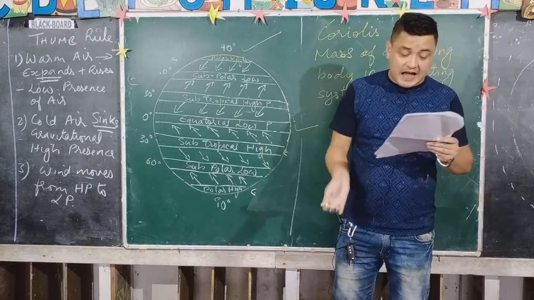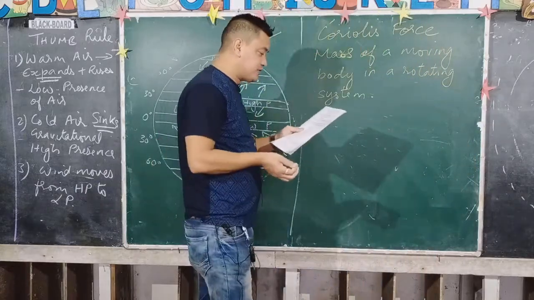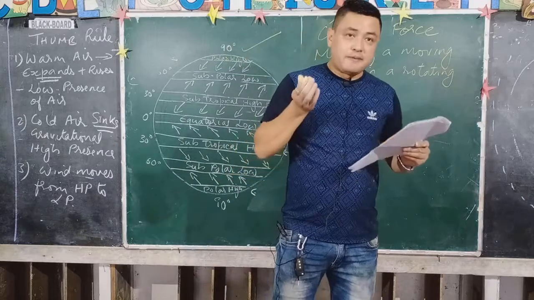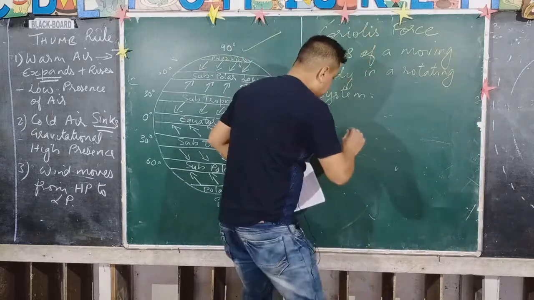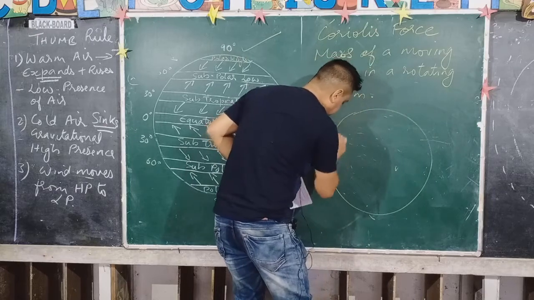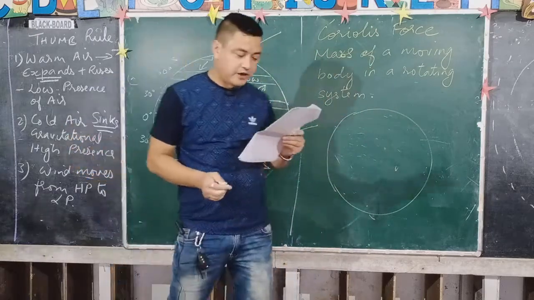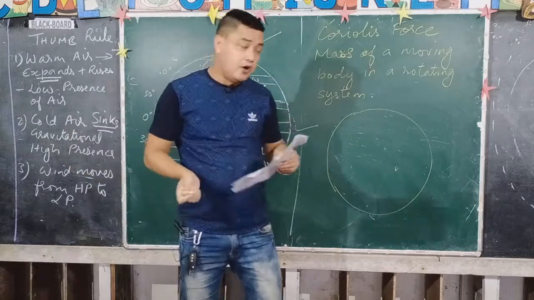Let us understand this by an illustration on the blackboard, which I am going to draw. I am going to draw a large rotating machine. It's a replica of the earth. A large rotating machine with seats.